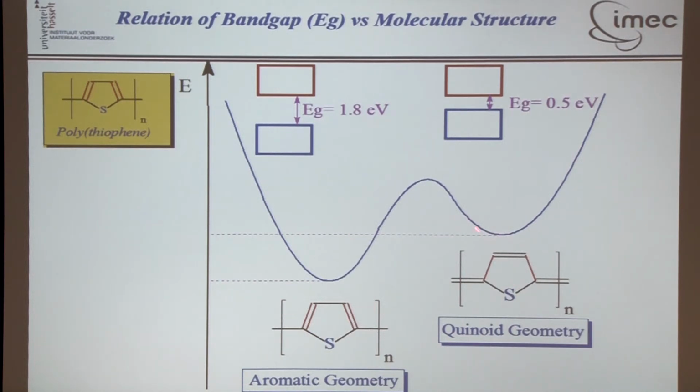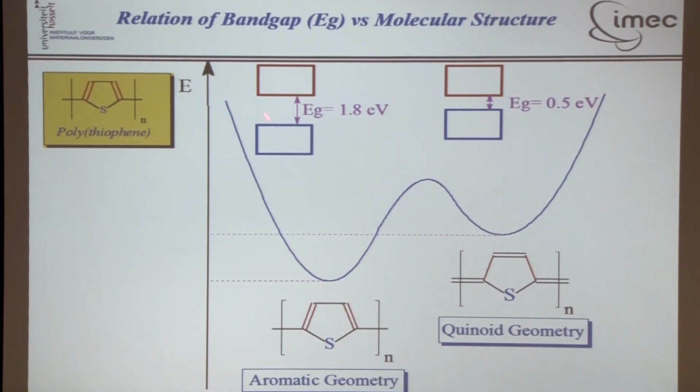The other minimum in the energy surface is this geometry, where you have double bonds instead of single bonds between repeating units. That's called the quinoid geometry. They differ in stability. The difference is actually the aromaticity. This is aromatic, this is non-aromatic, and that translates to stabilization for this structure.